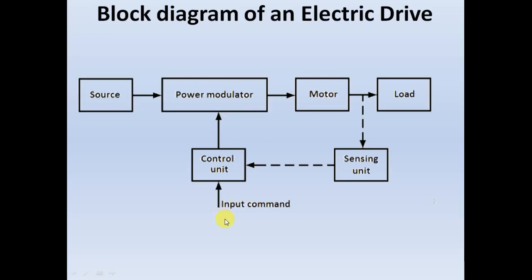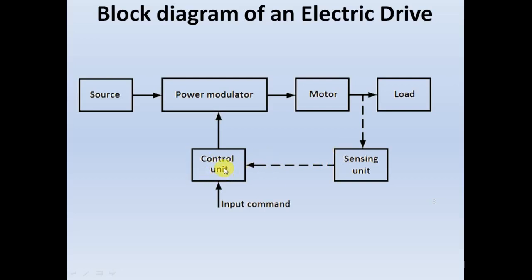Consider the case where you want this load to rotate at a speed of 5000 rpm. You will give the input command of 5000 rpm here. In the current situation, if the motor is running at 4500 rpm, then while comparing this desired input and this monitored input, there will be an error signal of 500 rpm.